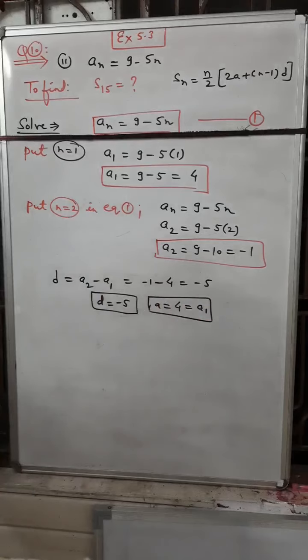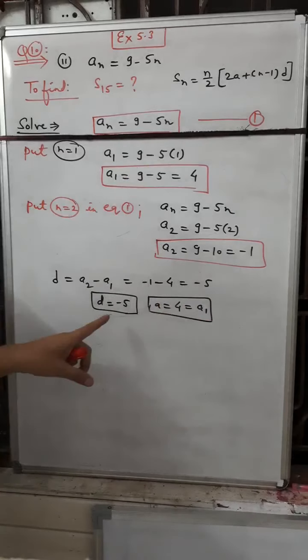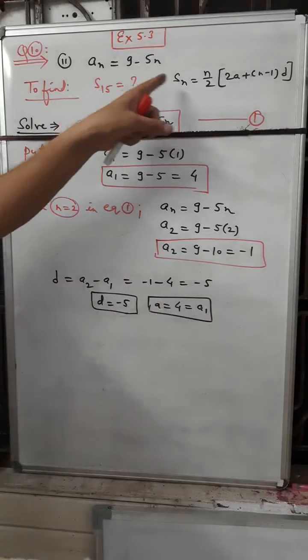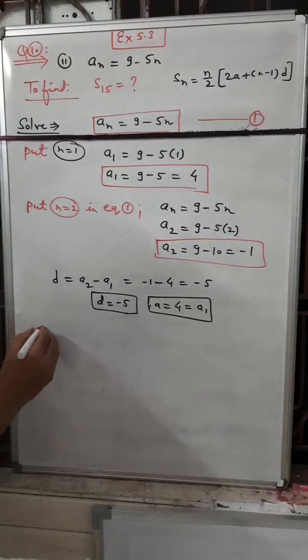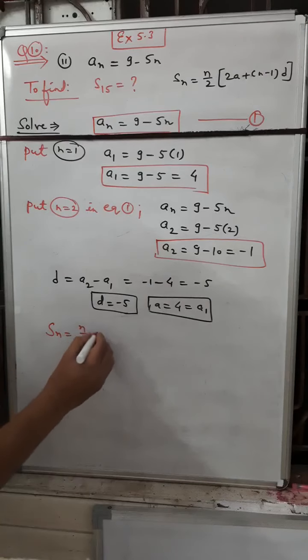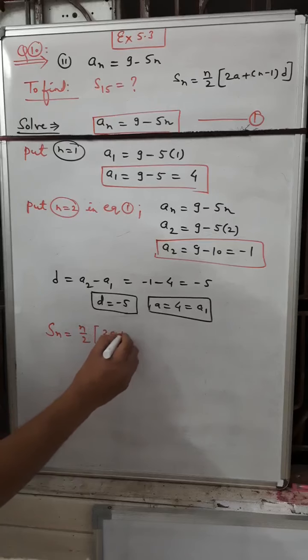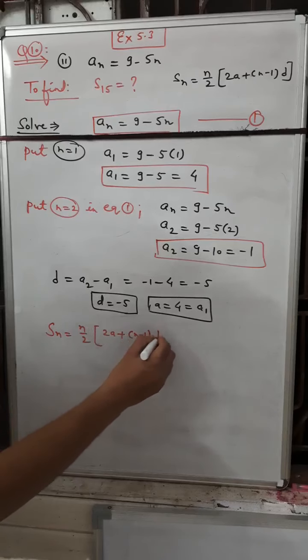Now we can put the values of a and d in the formula of the sum of n terms. As we know, Sn is equal to n/2 [2a + (n minus 1) d].